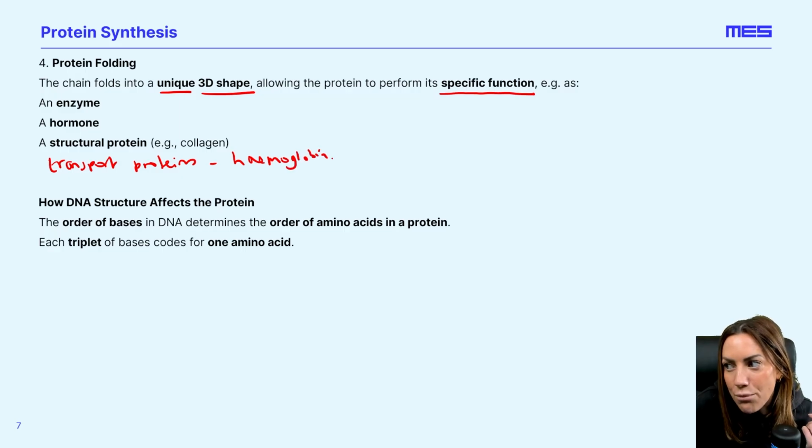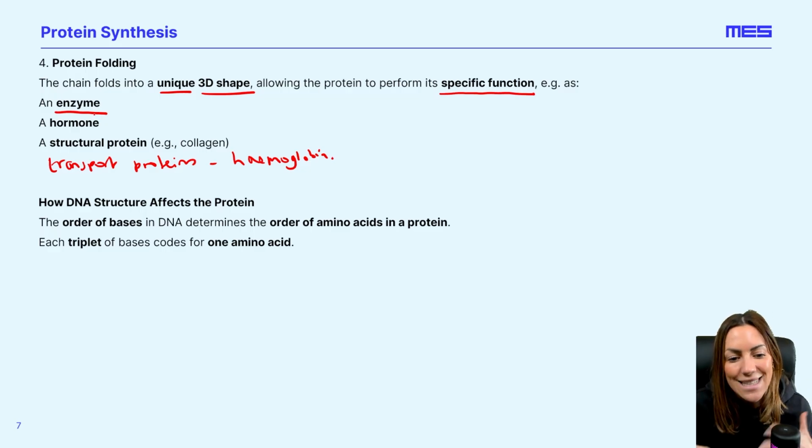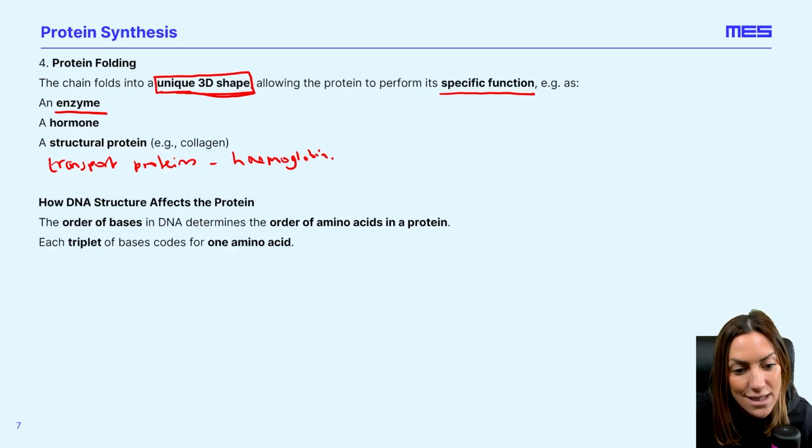But all of these proteins rely on having a specific shape. Let's take the enzyme example as the most obvious one. Enzymes have to have a specific or unique 3D shape because the shape of their active site has to be complementary to their substrate, right? So the substrate can bind to the active site, and so we can form enzyme substrate complexes.